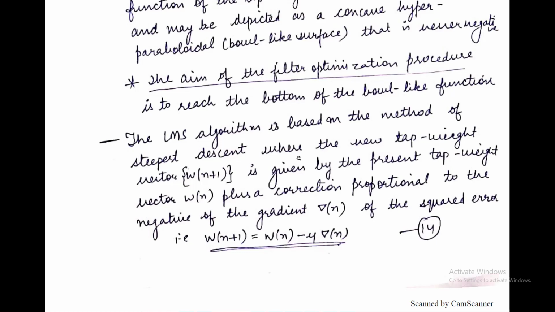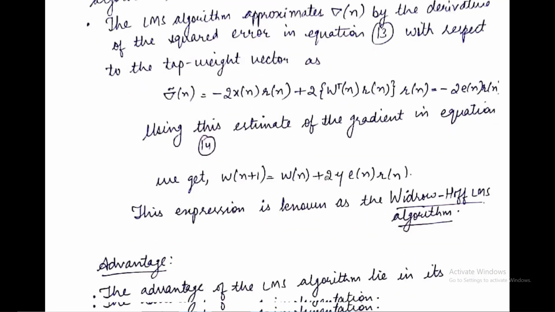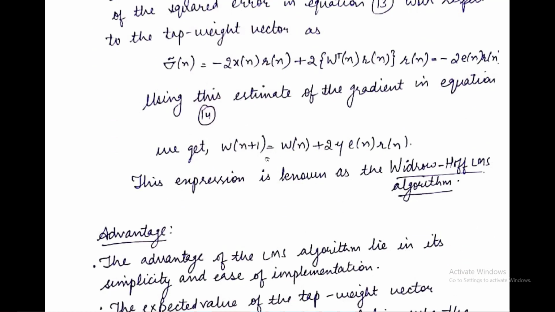By equation number 14 we have achieved this: w[n+1], which is nothing but the new tap weight, is equal to the old tap weight w[n] plus 2 times mu into e[n] into r[n]. r[n] is the reference input, e[n] is the difference of v[n] minus the output of the tap weight or adaptive filter, and mu is a constant you have to choose. So this is the equation of the new tap weight. So we have designed an adaptive filter, or I can say an optimal adaptive filter.